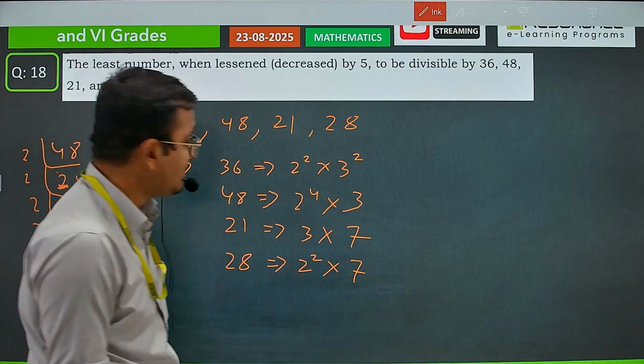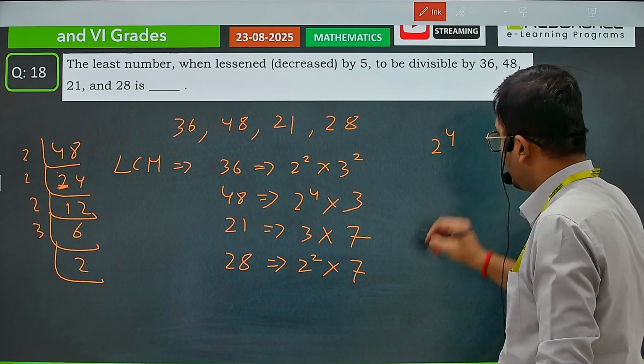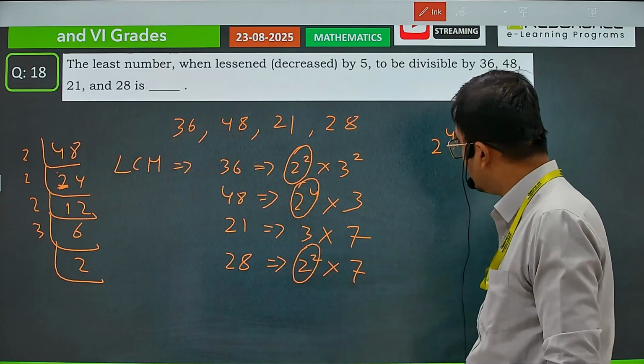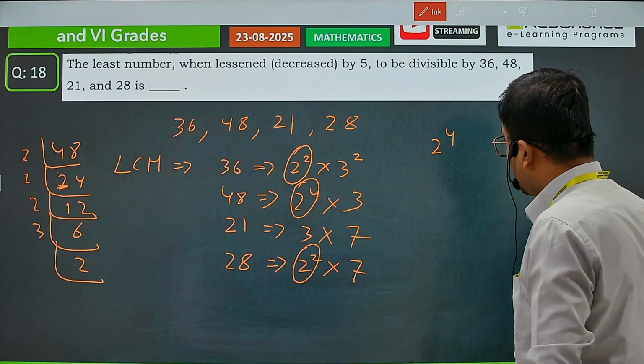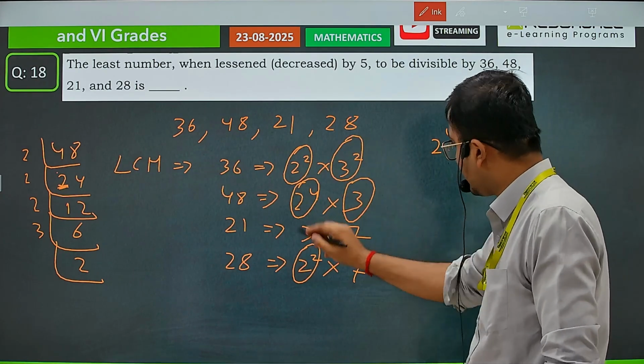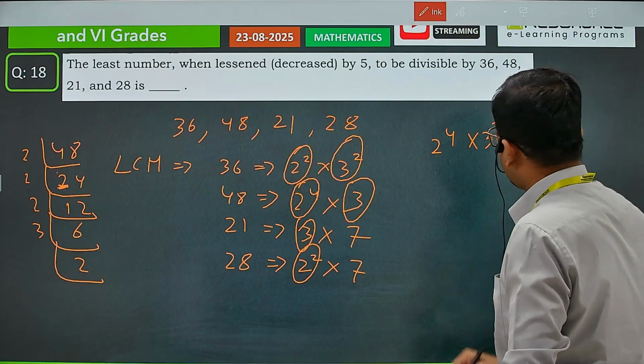To take the LCM, obviously we take the highest power which is there: 2 to the power 4. Among these, the highest power of 2 is that, the highest power of 3 is 3 square, and for 7 it is just 7. So this would be the LCM.